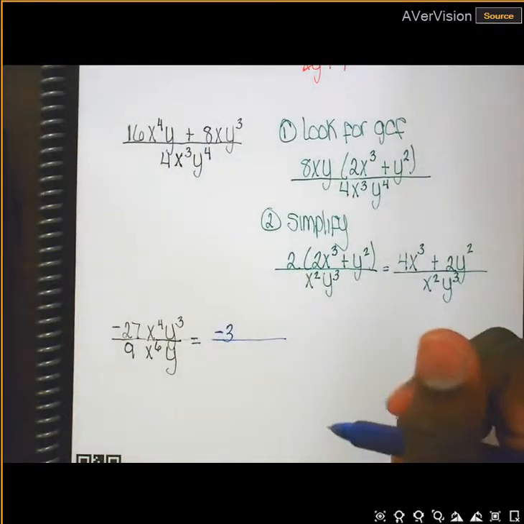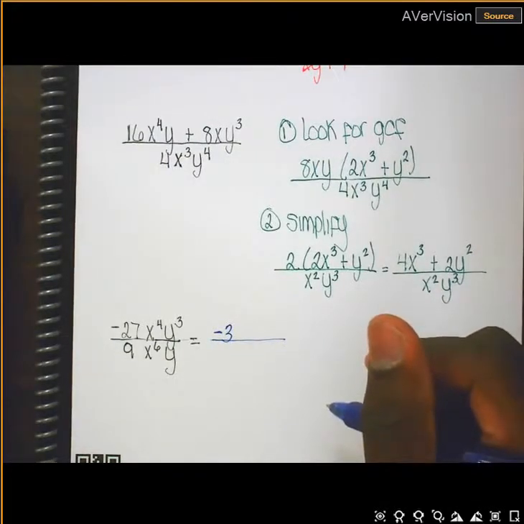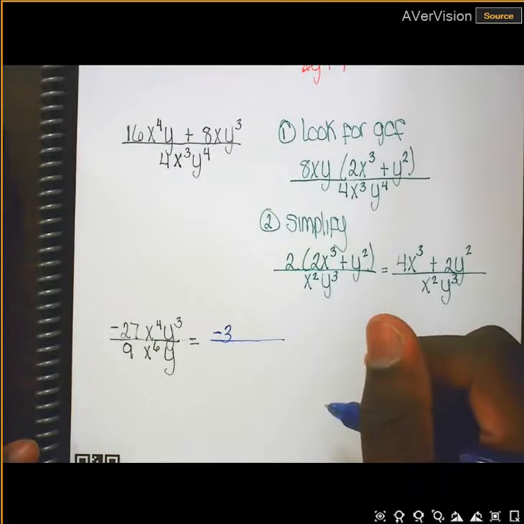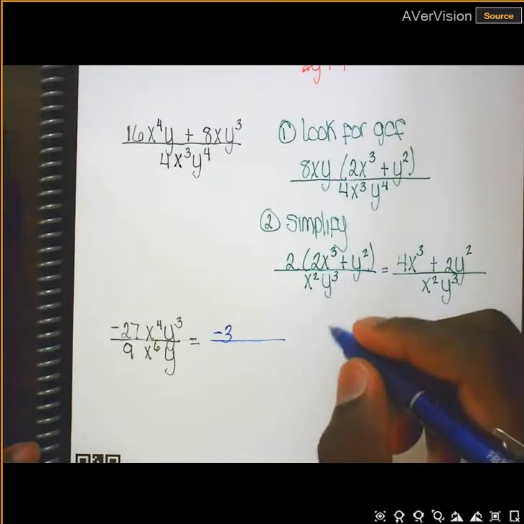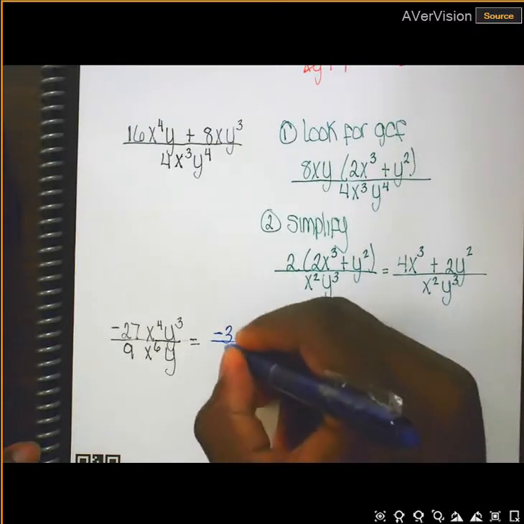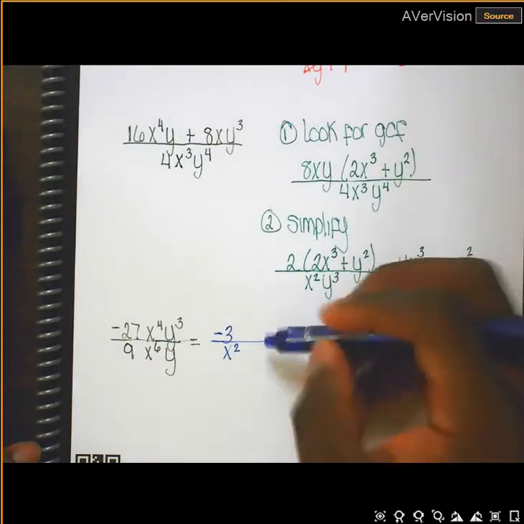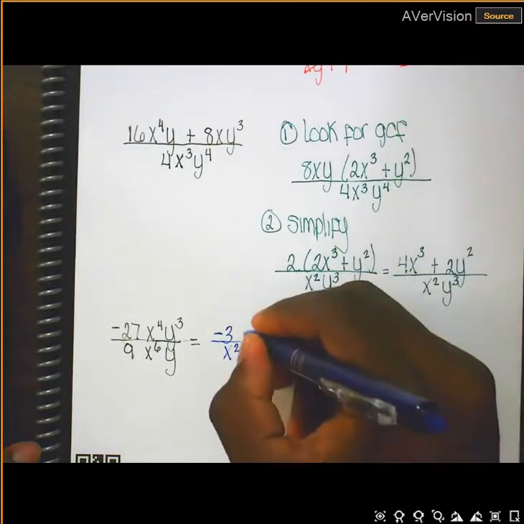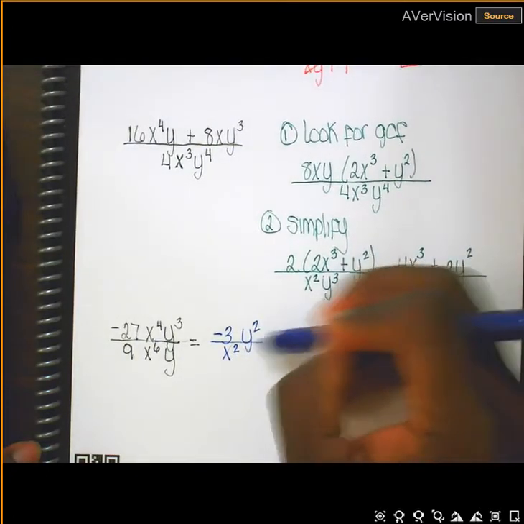All right, now look at the x's. X squared where? And the y's? That's it.